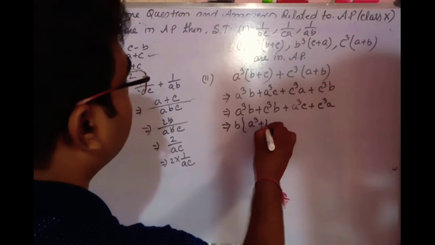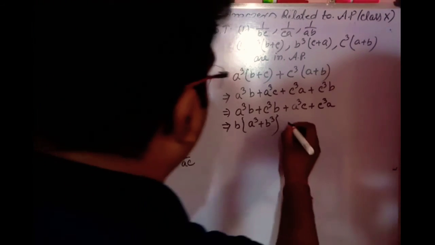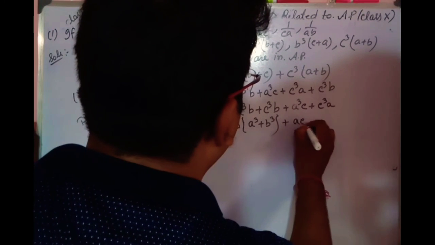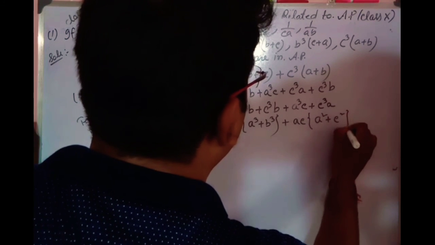A cube plus B cube. And from here, if we take AC common, what are we getting? A square plus C square.